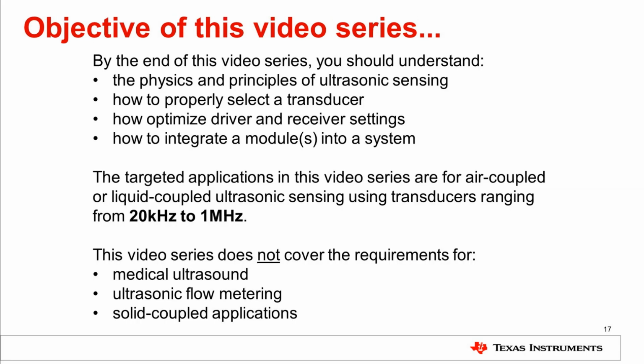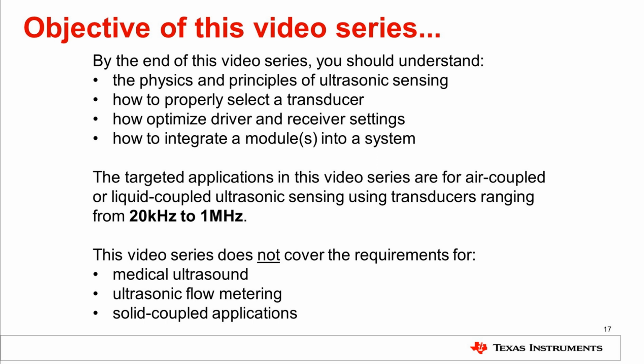This video series will discuss the physics of ultrasound, how to properly select the transducer, how to optimize driver and receiver settings, and how to integrate a single or multiple ultrasonic modules into a system. The targeted applications in this video series are for air-coupled or liquid-coupled ultrasonic sensing using transducers ranging from 20 kHz up to 1 MHz.